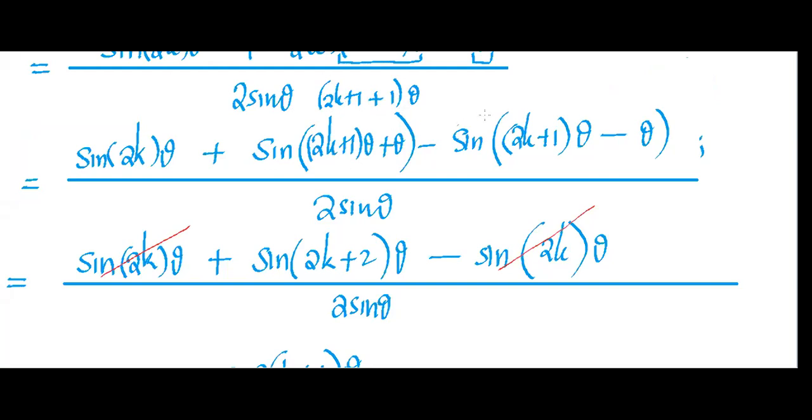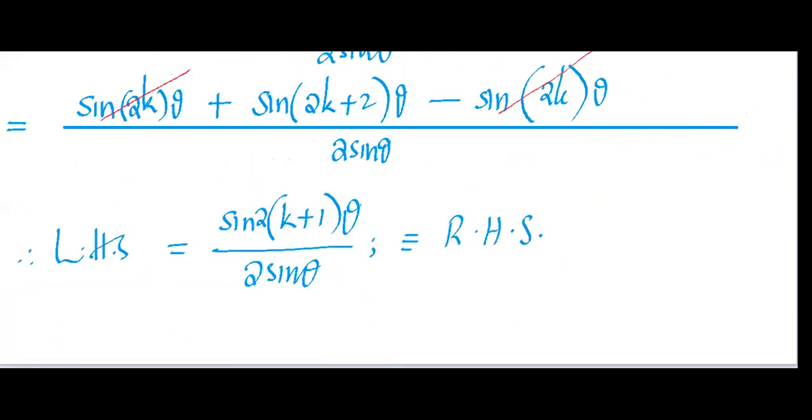There are two options: you just expand it, 2k theta plus that theta, which will be 2 theta, so 2k theta plus 2 theta. Then you take out theta and you end up with 2k plus 2. Is that so? Yes, sir. Okay, thank you. That's how we reach there.